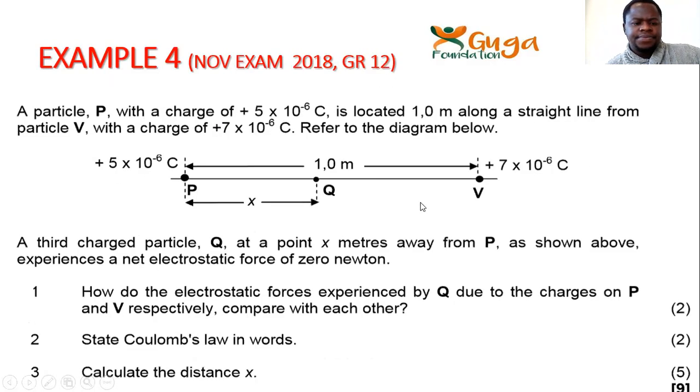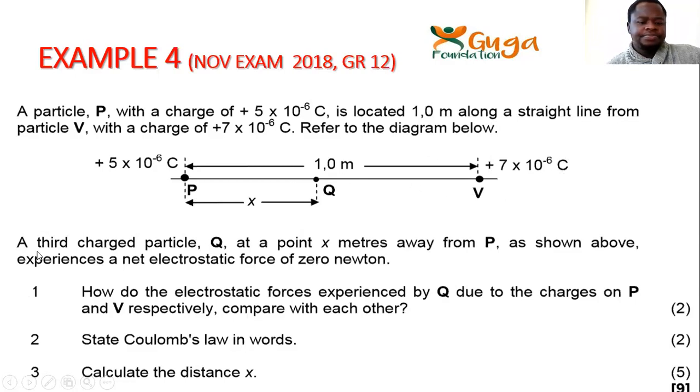Now, example number 4. This was taken from the November exam 2018, grade 12. So they're saying that a particle P with a charge of 5 times 10 to the power negative 6 is located 1 meter along a straight line from particle V. This is particle P, and then this is particle V, and its charge is 7 times 10 to the power negative 6.